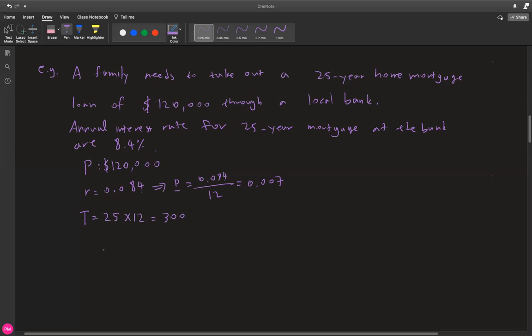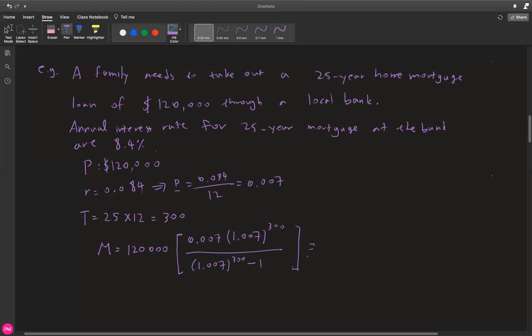So the monthly payment will be simply $120,000 multiplied by 0.007 multiplied by 1.007 to the power of 300, and you divide it by 1.007 to the power of 300 minus 1.